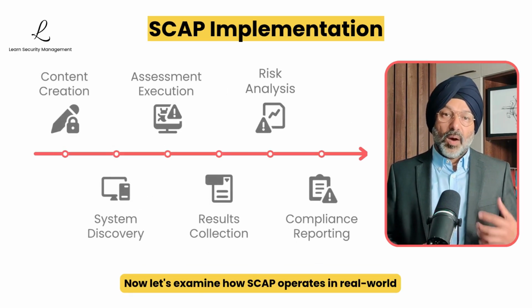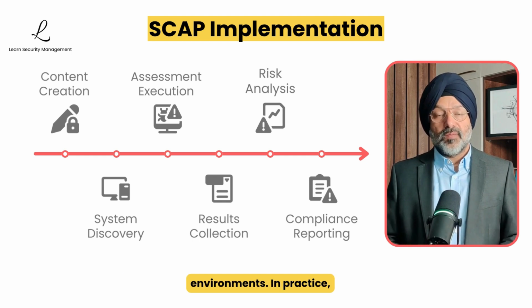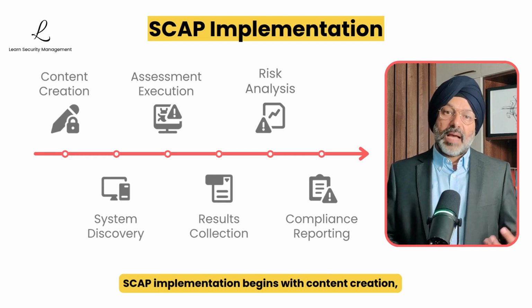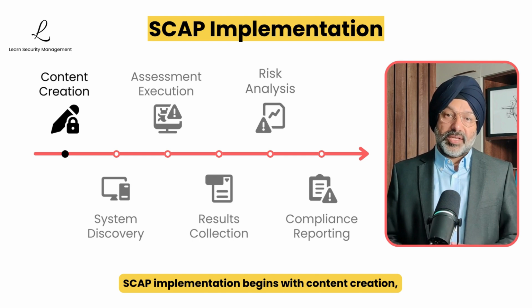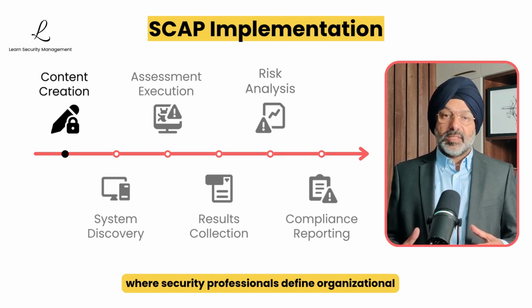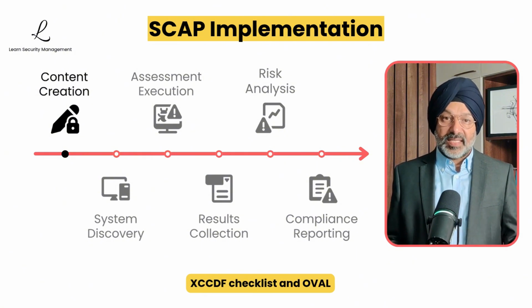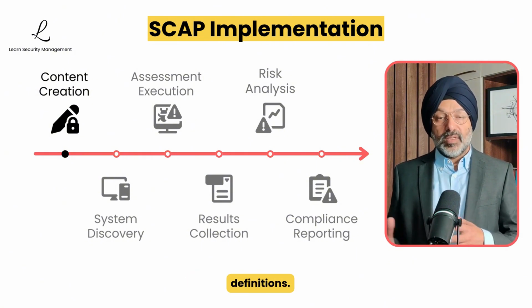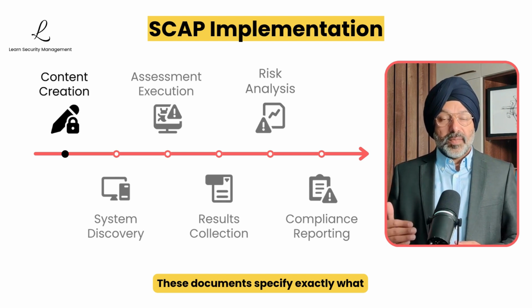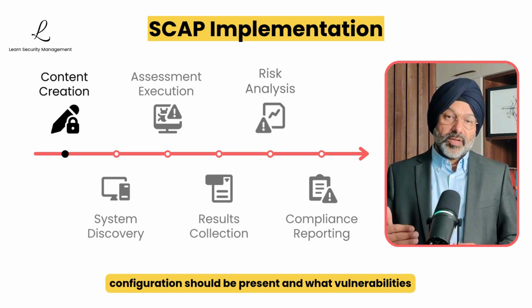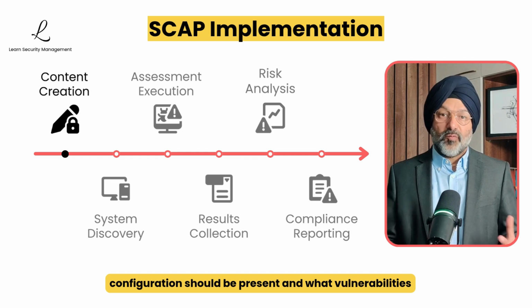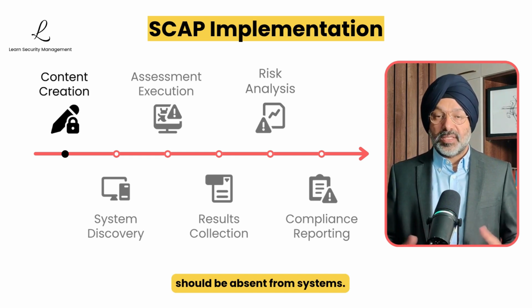Now let's examine how SCAP operates in real world environments. In practice, SCAP implementation begins with content creation, where security professionals define organizational policies and requirements using XCCDF checklists and OVAL definitions. These documents specify exactly what configuration should be present and what vulnerabilities should be absent from systems.